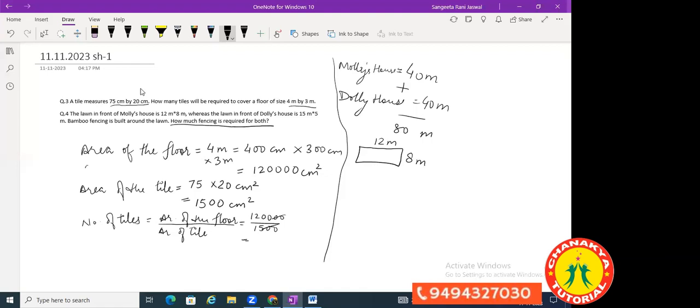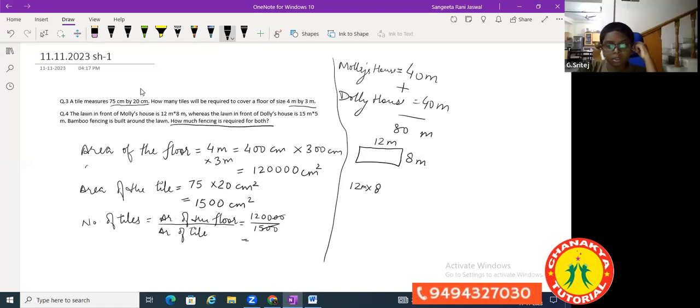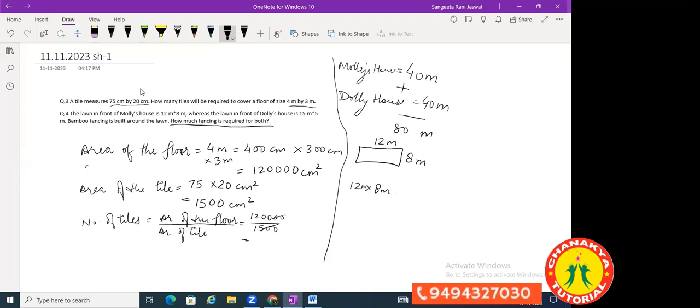But when we generally write the dimensions in the statement, we write 12 multiplied by 8 like this. You must have seen whenever you go to buy cloth, or whenever somebody is measuring the dimensions of some table, they always say it's 12 by 8, 15 by 4, whatever.